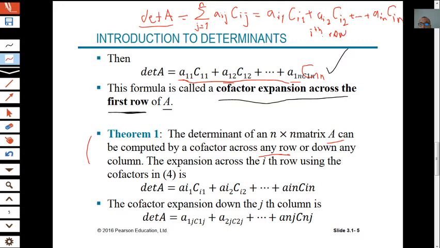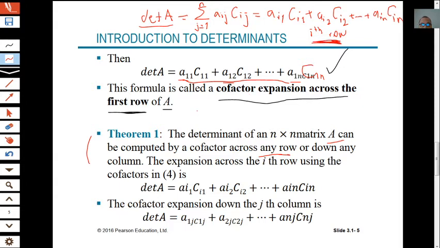Or we can find the determinant of a matrix according to any column, across any column. Namely, now we will change the values of the second index in this formula. i is constant here, so this is the formula for the row.